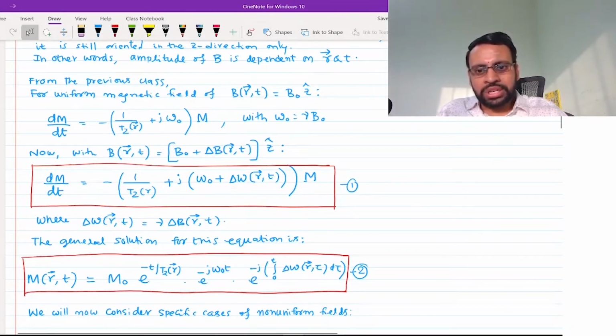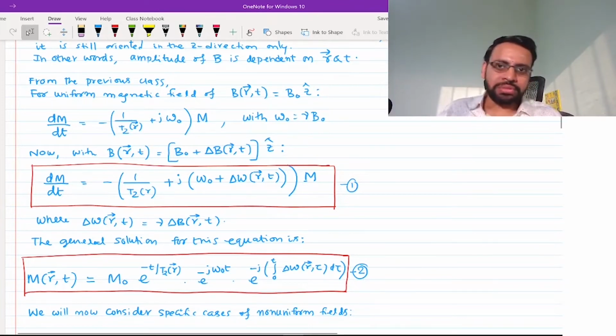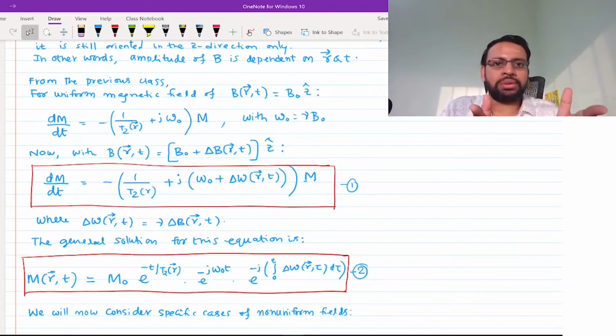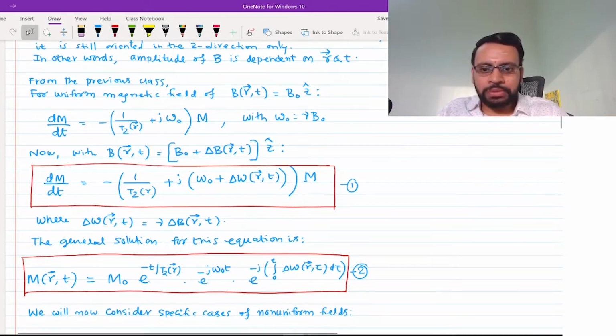Now in addition to that, you have gamma times delta B of R bar comma t. This is what you are writing as delta omega, the new term that you are getting. To say it in other words, the frequency at which it is rotating is now spatially varying, and that has been modified into omega naught plus delta omega of R bar comma t. This delta omega of R bar comma t is equal to gamma times delta B.